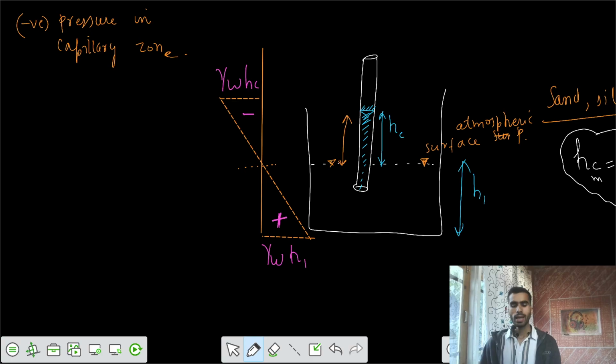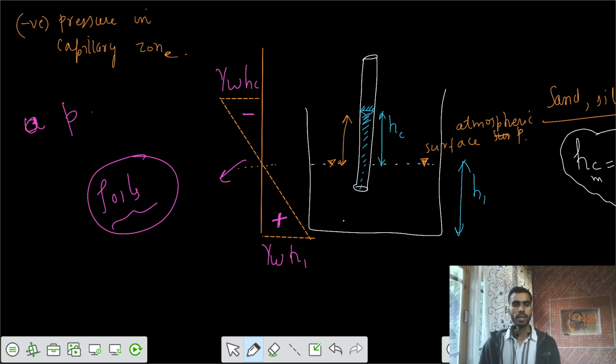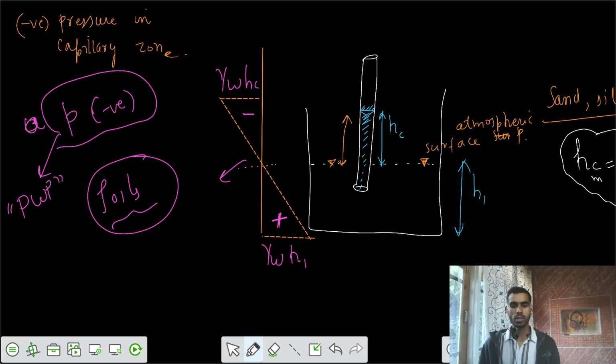Now, if I use the same concept in soils, because the pressure is negative in the capillary zone, it is actually talking about the pore water pressure, because it is the effect of water.